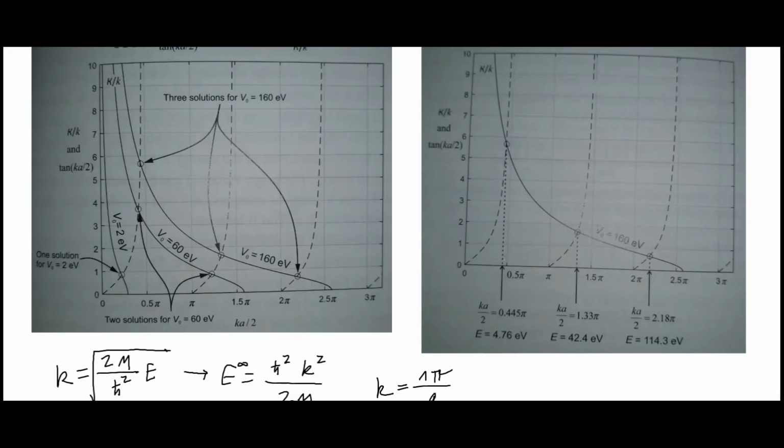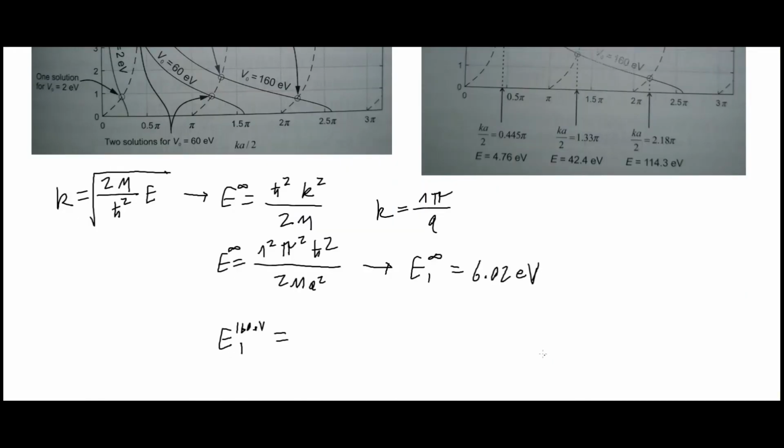And so we see the first energy level here is about 0.445 pi, so Ka over 2 is 0.445 pi, and so that goes up to here, and then we go over here, and that ends up being about 4.76 electron volts.